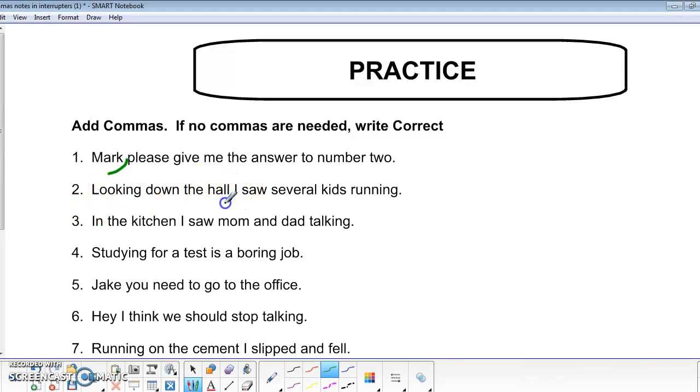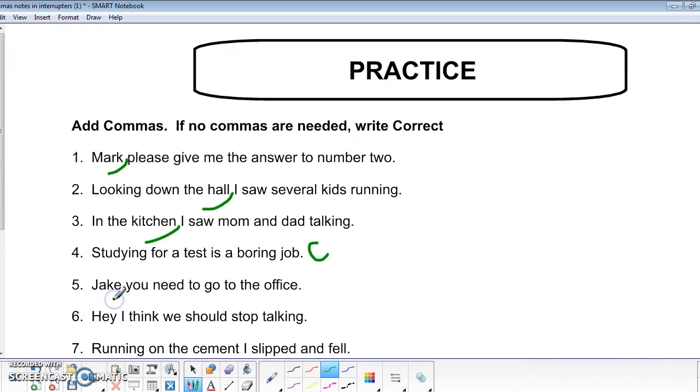Looking down the hall. "In the kitchen, I saw Mom and Dad talking." In the kitchen. "Studying for a test is a boring job." I can't put a comma here, guys, because if I do, remember I can take stuff out. So this is correct.